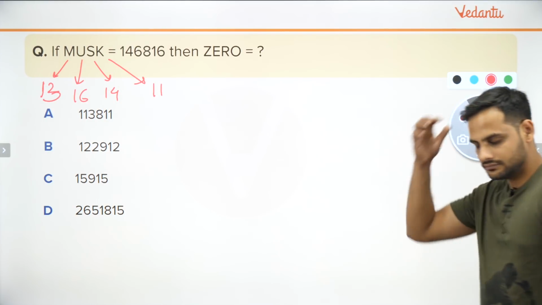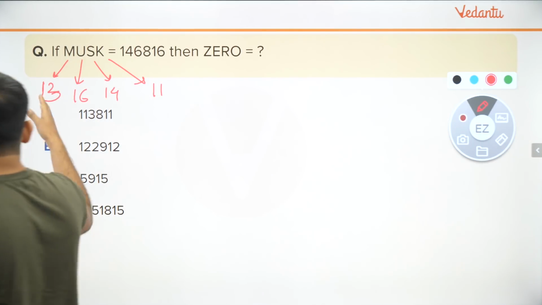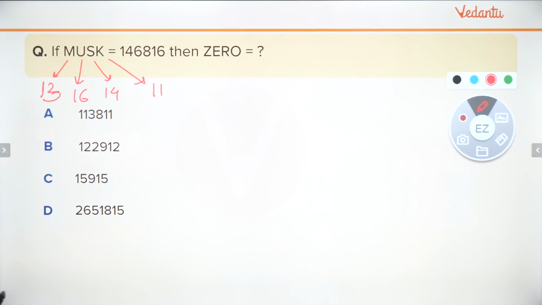Now, not making any sense, right? These numerical values are not making any sense here. Correct. 13, 16, 14, 11, if you join them, you are not getting any number here, right?